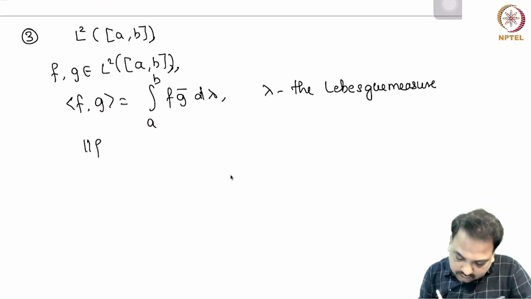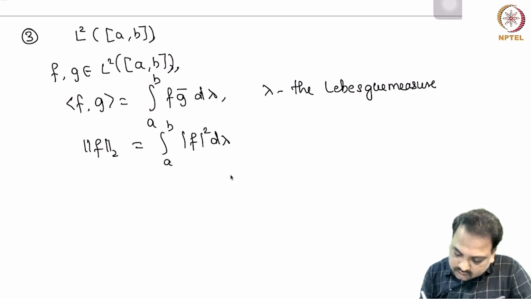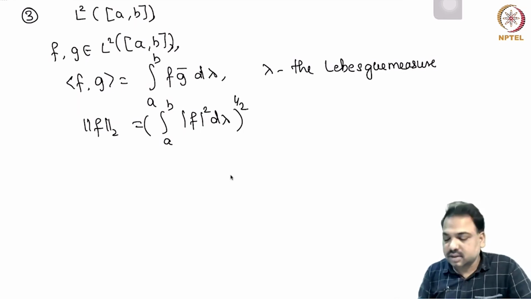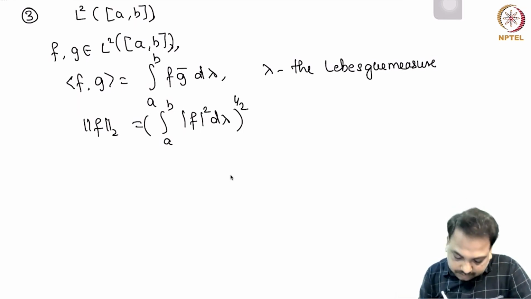And the induced norm is integral a to b mod f square d lambda to the power of one half. You can show that this is also a complete inner product space, hence it is a Hilbert space.